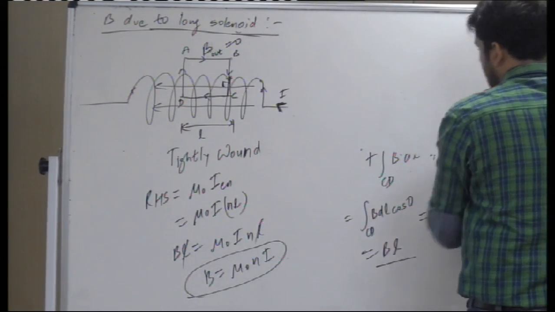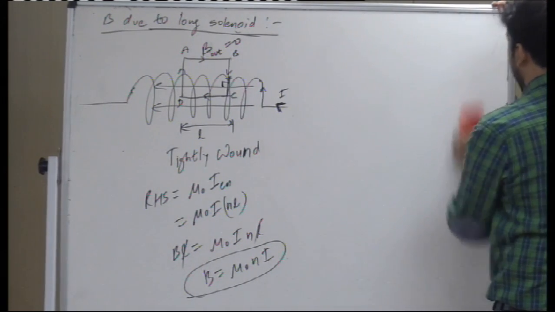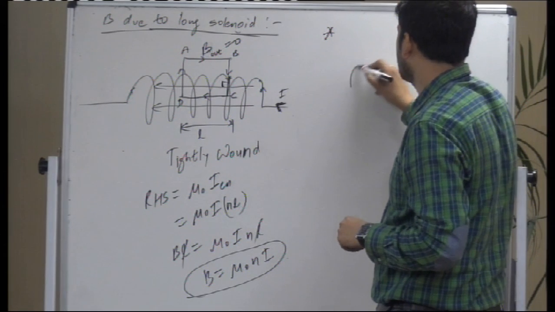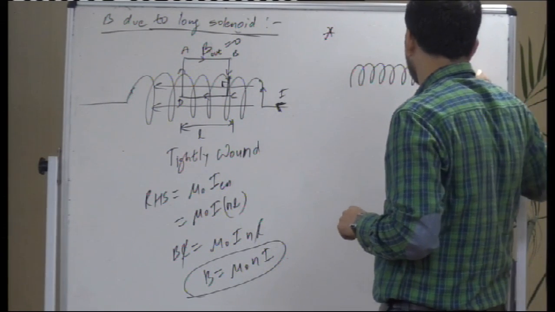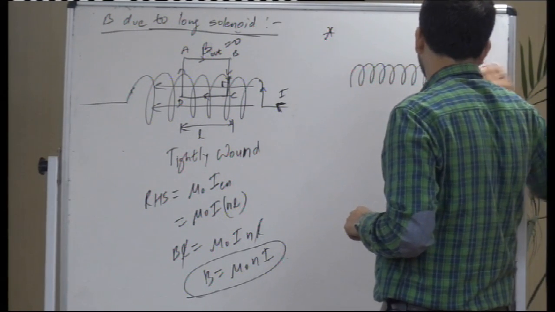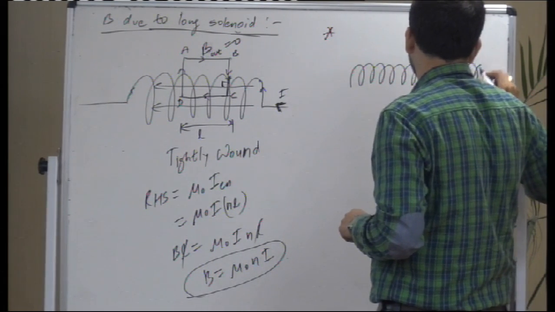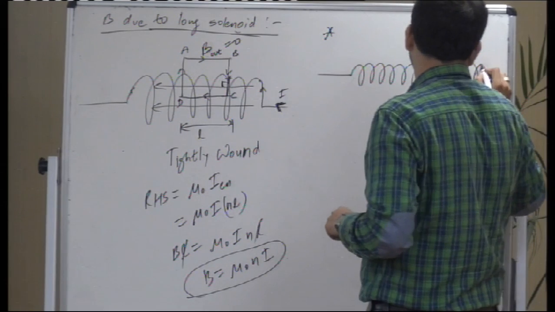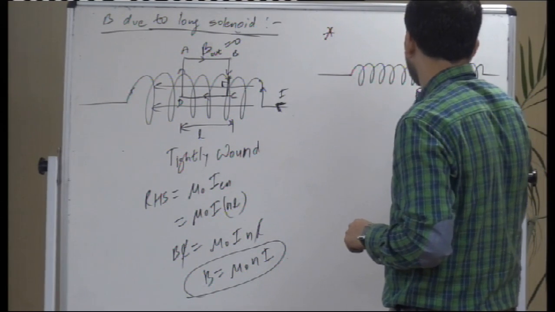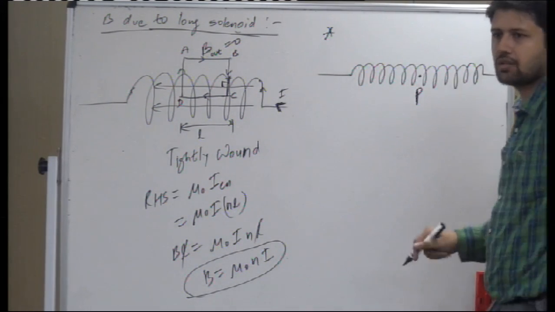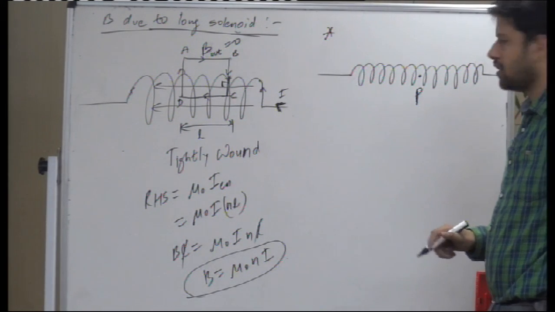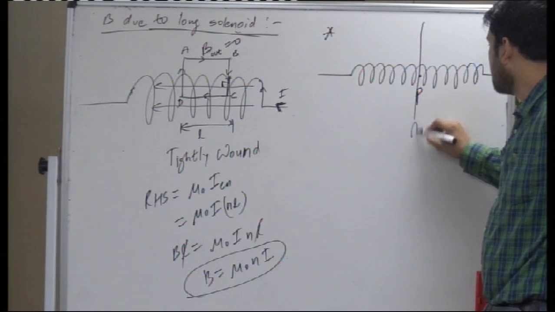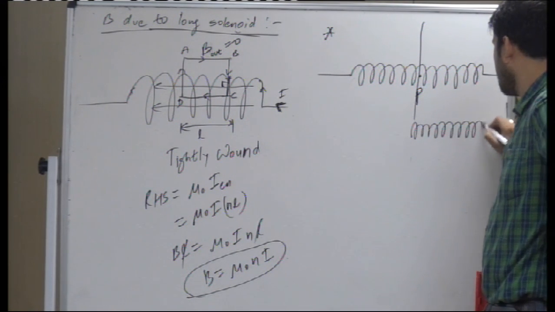This was a long solenoid. Now this was the point P where the field was mu naught NI. Let's cut it into two halves. When I cut it into two halves, what happens?